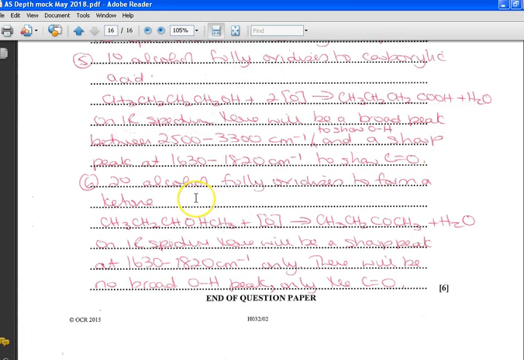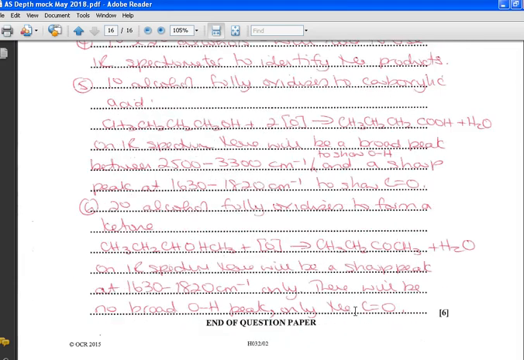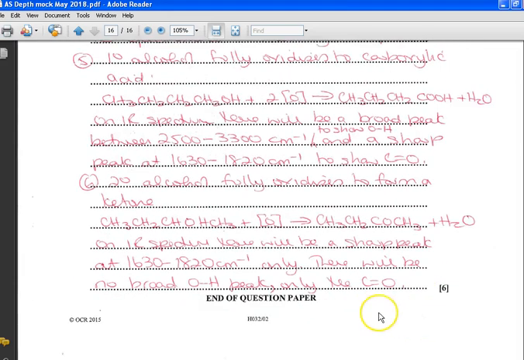Whereas with the secondary alcohol, we would get oxidation to form a ketone. Again, you need to write the equation. And on the IR spectrum this time, there will be no broad peak showing the OH. There will only be the sharp peak showing the C=O. So pretty straightforward, actually, to get 6 marks on that. That's quite a nice question, but I'm not sure that many of you did get 6 marks on it.